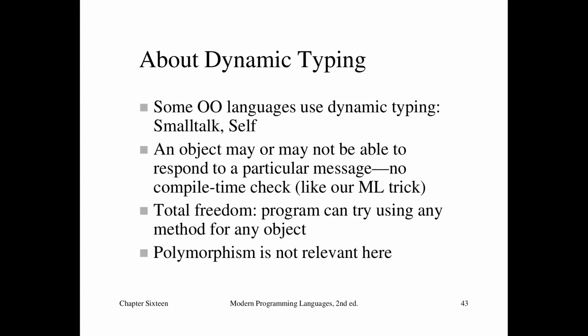This does give you far more freedom in your programming, but it leads to an excessive amount of compile time or runtime errors, and it's far more difficult to debug. But at the same time, it doesn't really matter for polymorphism here. This type of dynamic typing and dynamic dispatch is what Ruby refers to as duck typing.